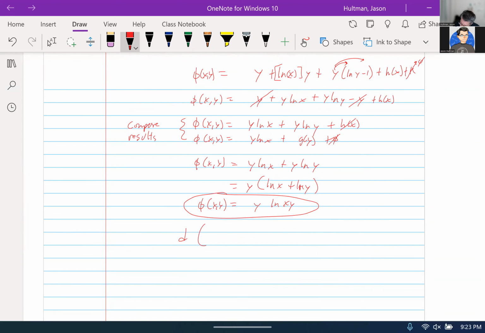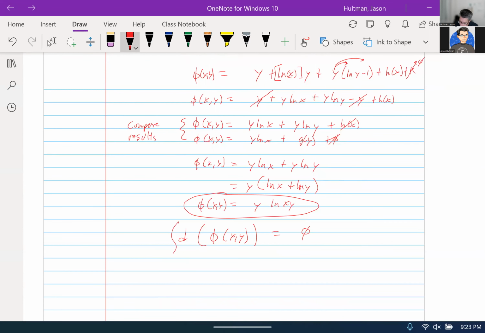the derivative of this potential function of xy was equal to 0. So the derivative of the potential function was equal to 0.